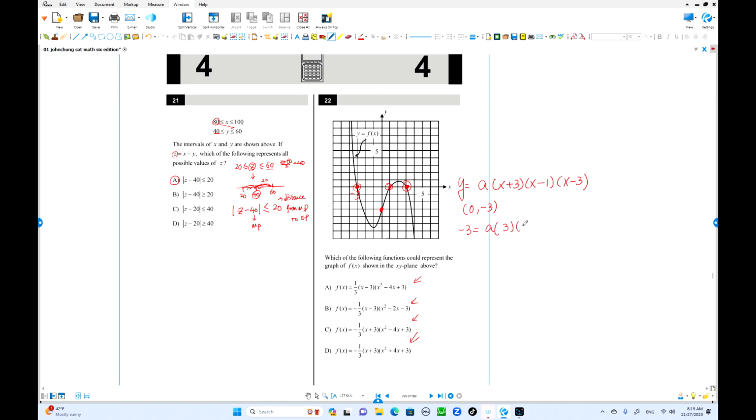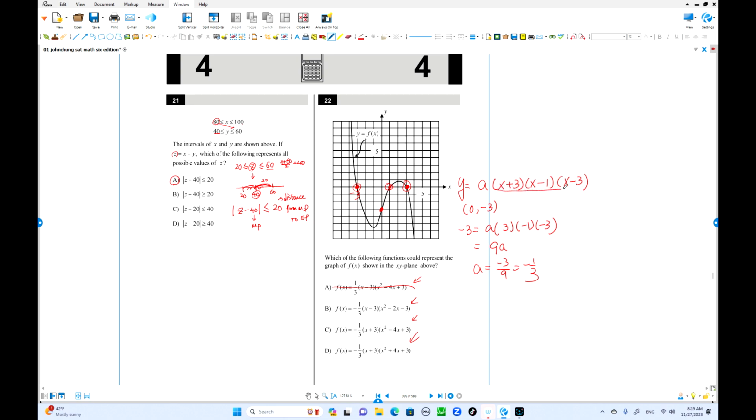That's 3 minus 1, put the number 0 there, negative 3. Okay. So this is 9a, okay? So a equals what? Negative 3 over 9 is negative 1/3. Okay? Now check it out. This is 1/3 over here.